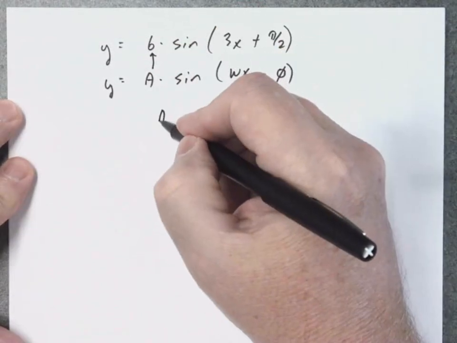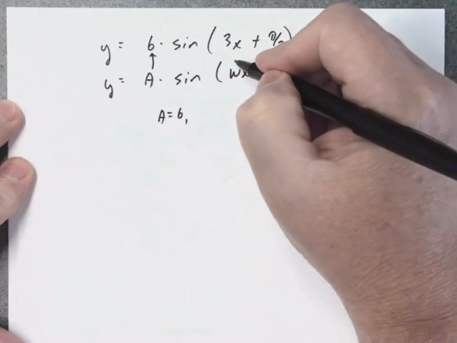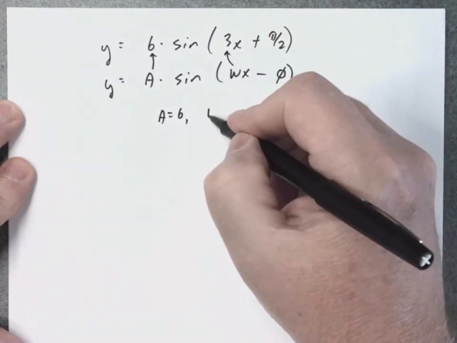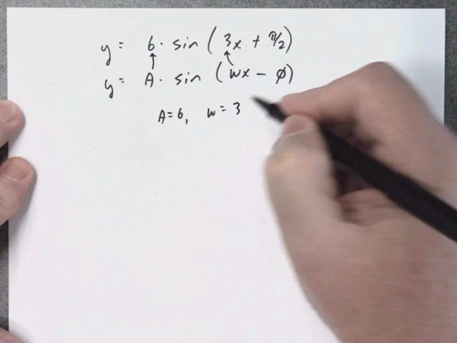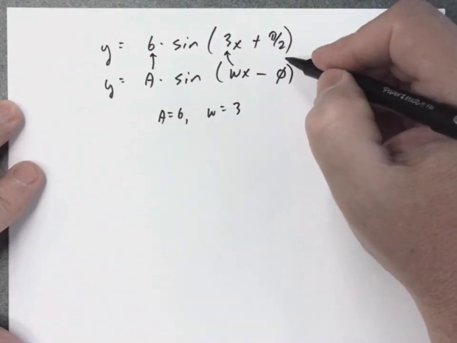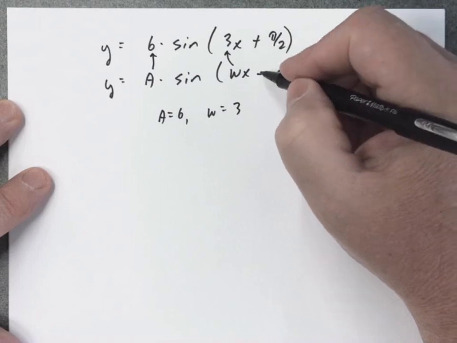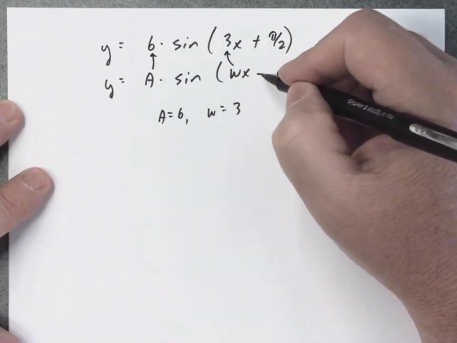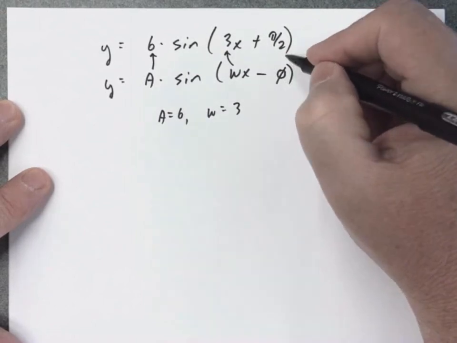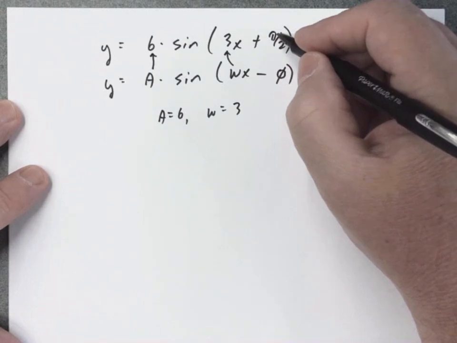A is 6. Omega is 3. This can be tricky now. Here's what I typically do. Because in this standard equation you're subtracting phi, here's what always works for me.